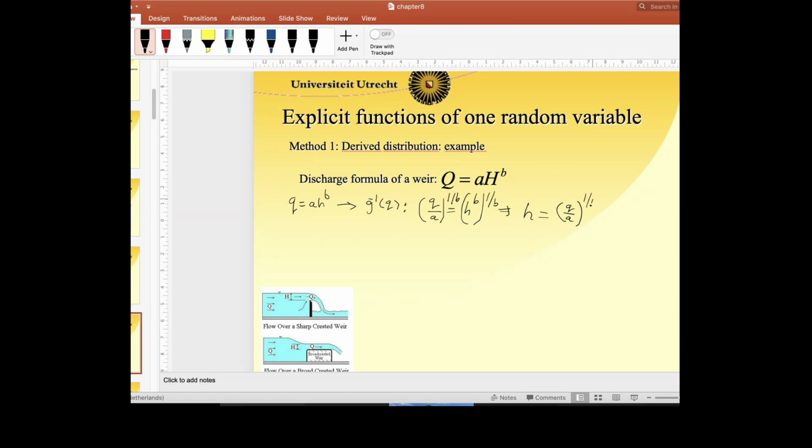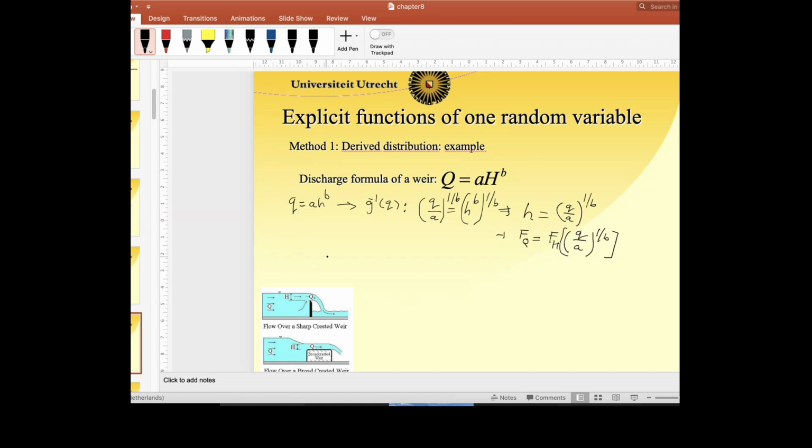to the power of 1 over B. So we already have that the cumulative probability distribution of Q is the cumulative probability distribution of H, where we plug in (Q over A) to the power of 1 over B. Okay, so that's easy.